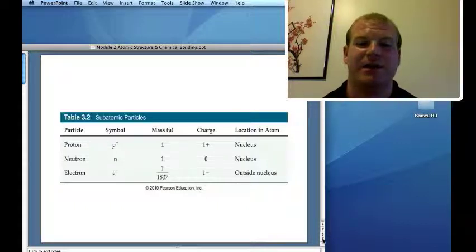Protons have a positive charge and a mass of approximately 1 AMU, atomic mass unit. Same with neutrons, but they have no charge. They are slightly more massive than a proton, and they are also found in the nucleus. Electrons are about 1/2000th the mass of a proton or a neutron, and those are typically found outside of the nucleus.